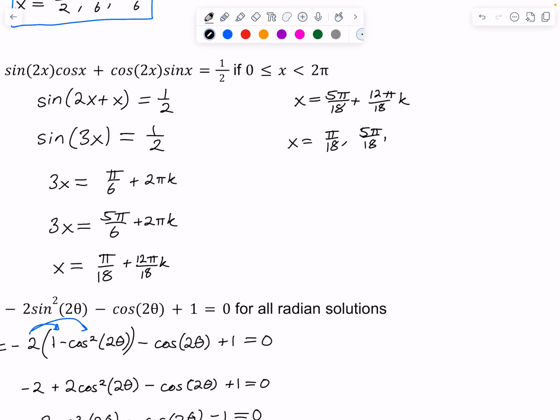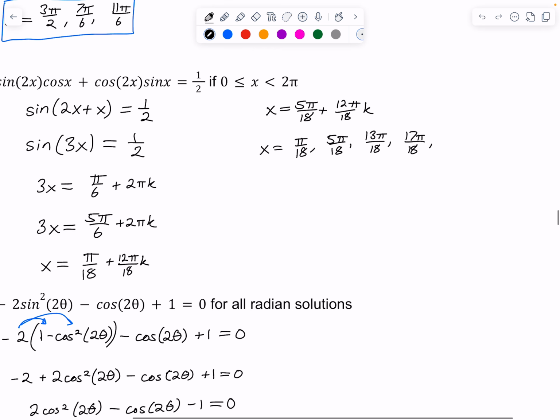So 12 over 18. If I plug in 0, I get pi over 18, 5 pi over 18. When I plug in 1, I get 13 pi over 18. That's less than 2 pi, so I got to keep going. If I plug in 1 right here, I get 17 pi over 18. If I plug in 2, I get 25 pi over 18.